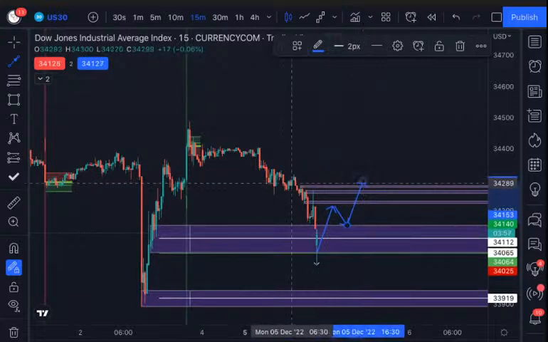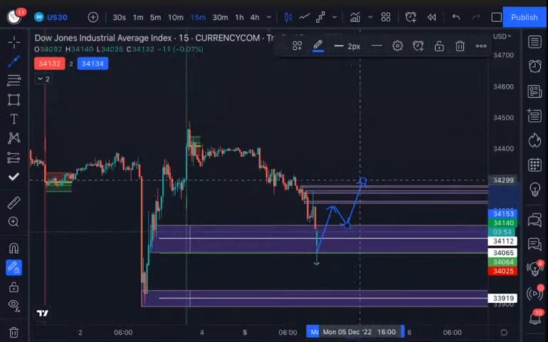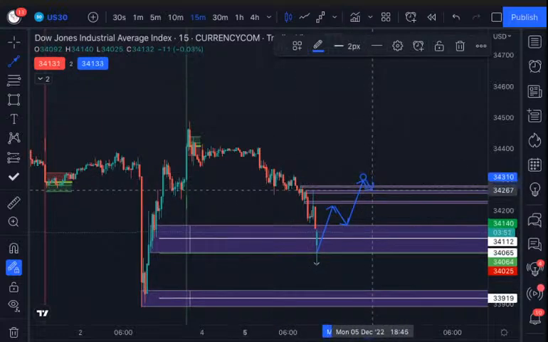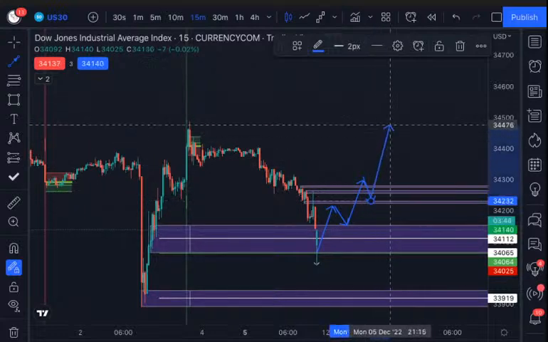We got this nice little order block created right there. You might find some rejection. It might stop right there, might come back down here, and then just continue on up to these highs.